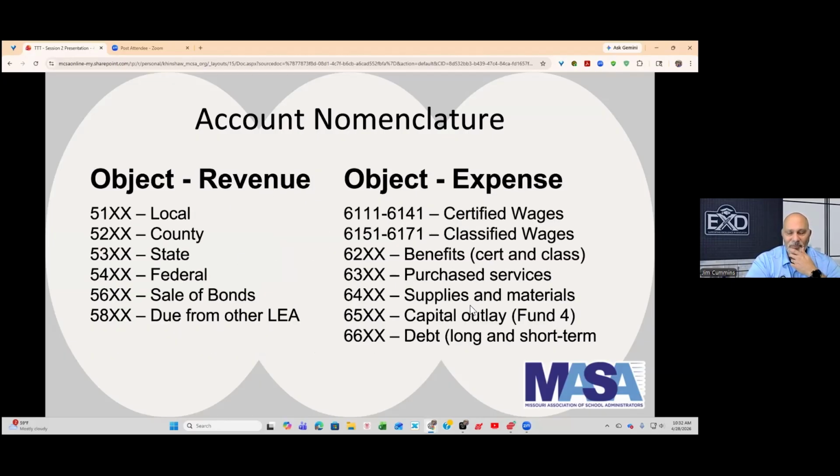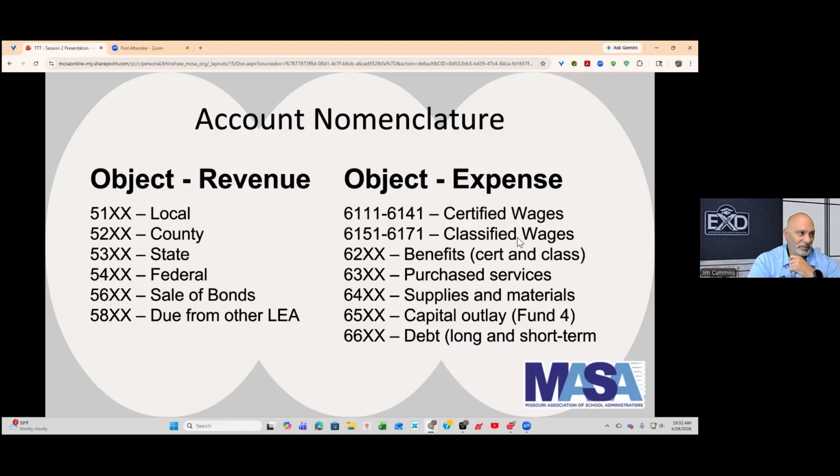When we go to object codes, there's a set for revenue and a set for expenses. Your revenue object codes will always start with 5, and the second digit will determine what the source of that was. So 5100 is local, 52 county, etc. And then on the expense side, 61 is wages, but you can go a little bit deeper.